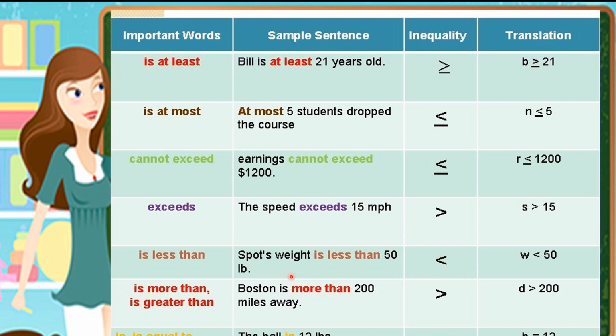So, Spot's weight is less than 50 pounds. So, W is less than 50. Is more than or greater than. Boston is more than 200 miles away. So, the inequality symbol for more than is greater than. So, D is greater than 200.